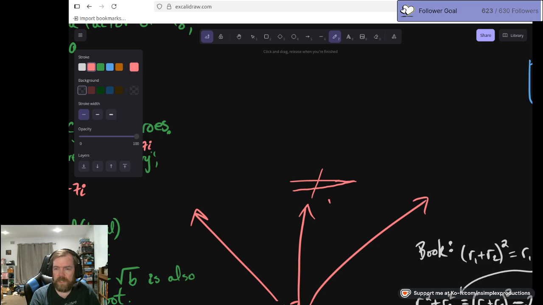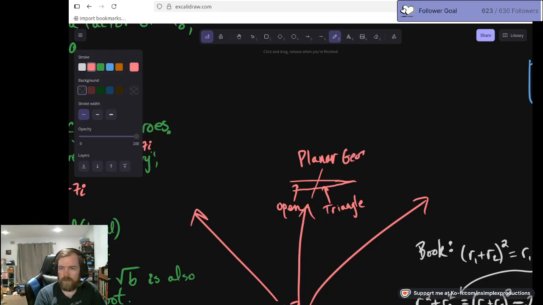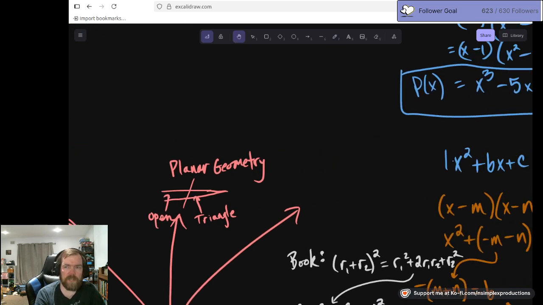This is telling us that what we're making here is a triangle on one side, and the other side is going to be geometrically open. So in this particular case, what we've created is this planar or Euclidean geometry. Slightly ironic because Euclid knew of the other 2 possibilities.